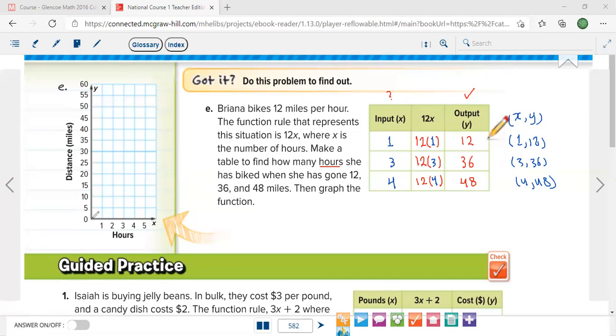Now let's plot the points. We need 1 up to 12; 12 will be nearly here. 3 up to 36; this is 35, so 36 will be here. 4 and 48, from 4 up to 48, a little before the 50.